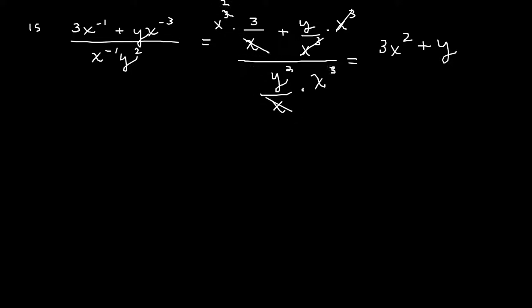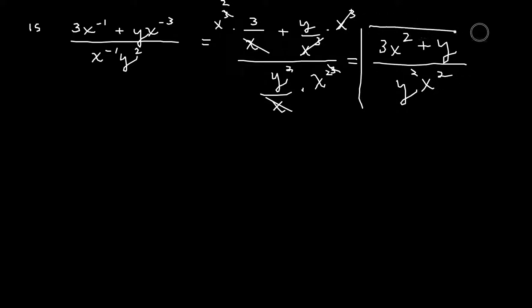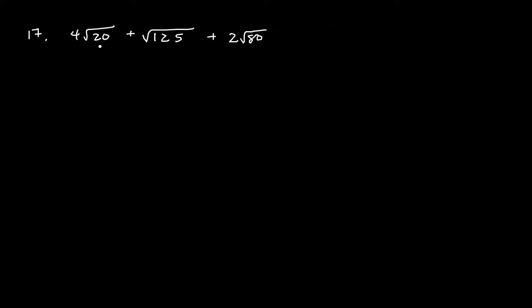And the same thing here, this will become an x squared. So in this denominator, we have y squared, x squared. So crazy how simple that is. Now, again, we don't want to cross out anything with the terms, only cross out factors. All right, next problem.